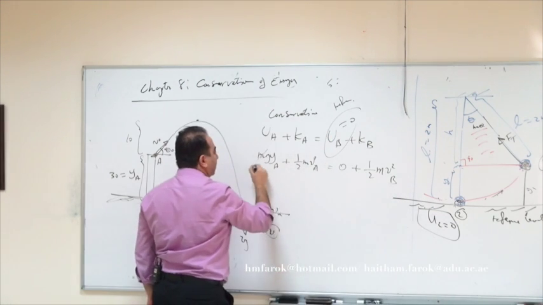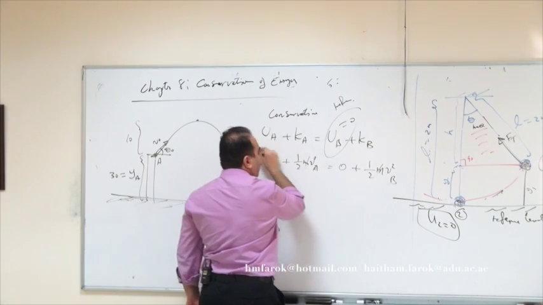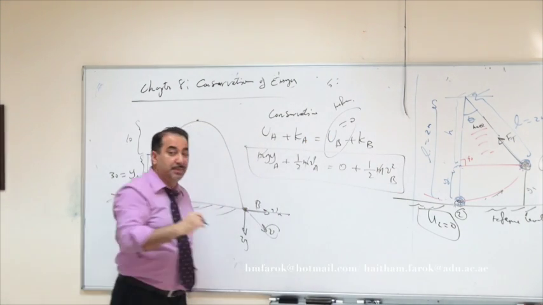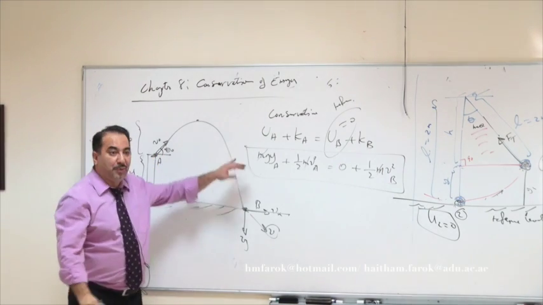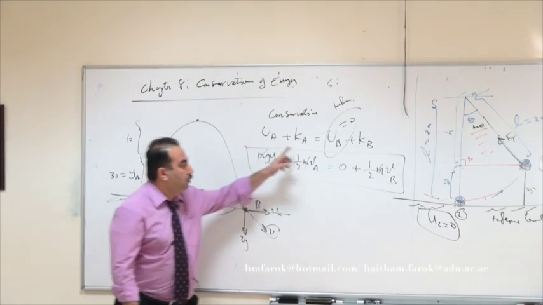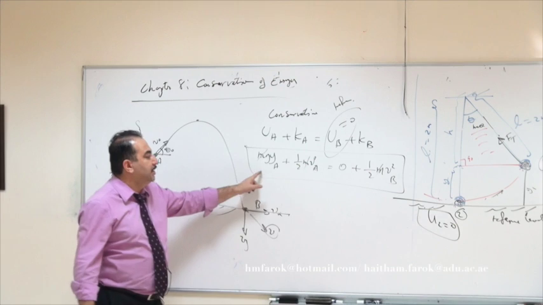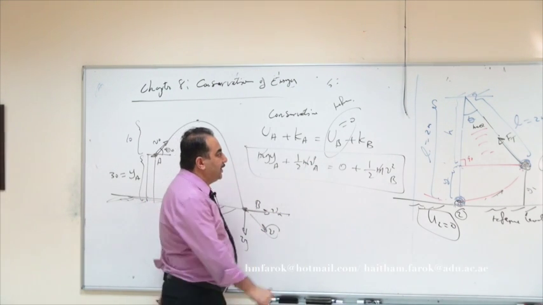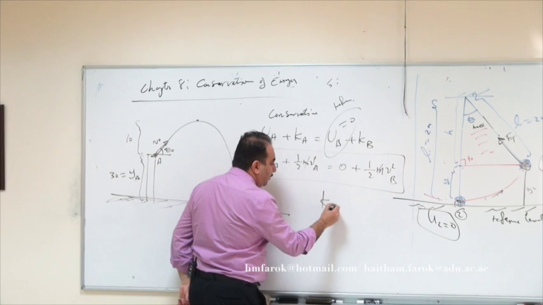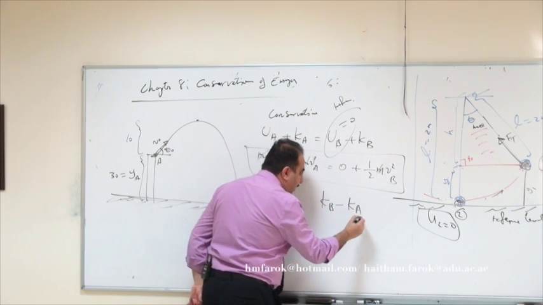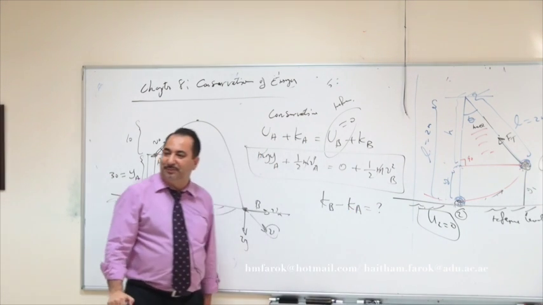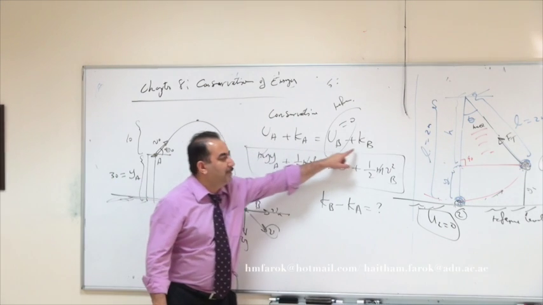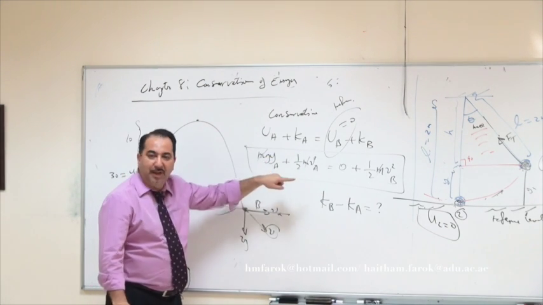Do you need the mass? Okay, I'm not answering the question. I'm saying something else here. The procedure. You write this. Now, the question doesn't need this step. The question says, what is kinetic B minus kinetic A equal to? This one. Don't open it up.